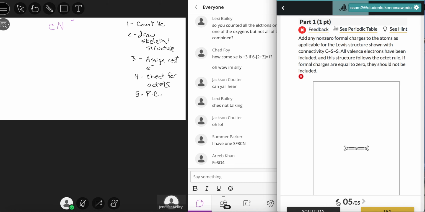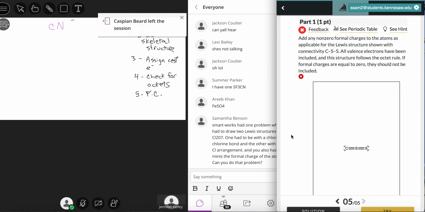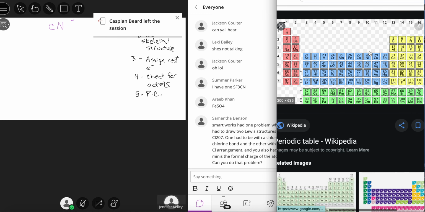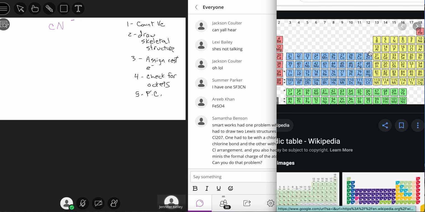Anybody have the structure yet? Iron sulfate, okay. Two little structures for this, okay. Chlorine bond, and the other with chlorine, oxygen chlorine. Yeah, we can do that one, sure. All right, so let's finish this one.